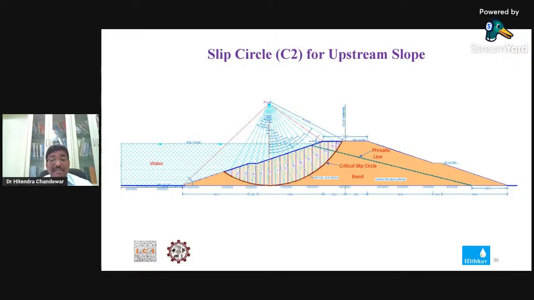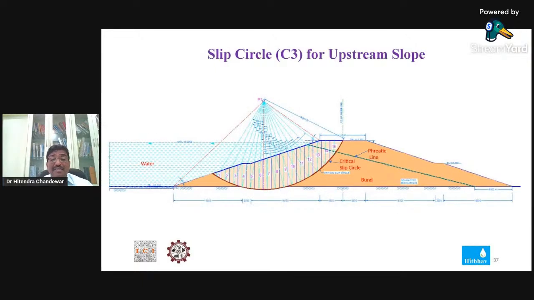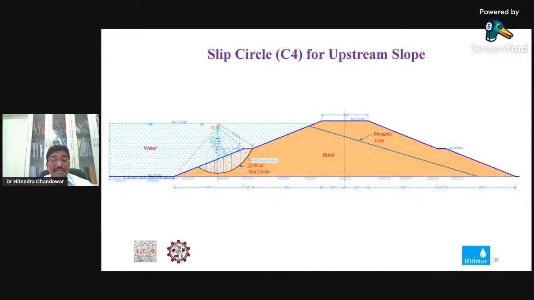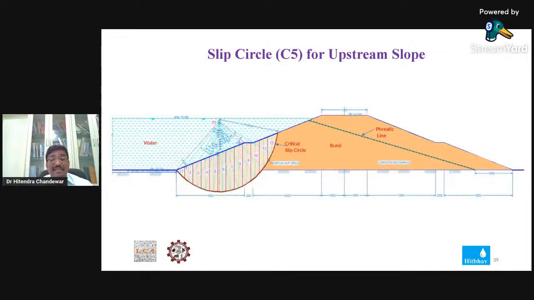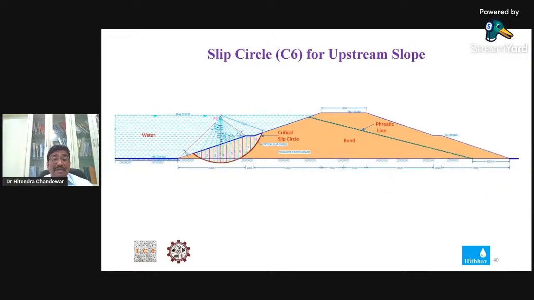The third one is the slip circle starting from the mid width of the dam, and the fourth one is from the edge of the berm. Then another is from the toe of the upstream slope, and another is tangent to the embankment.